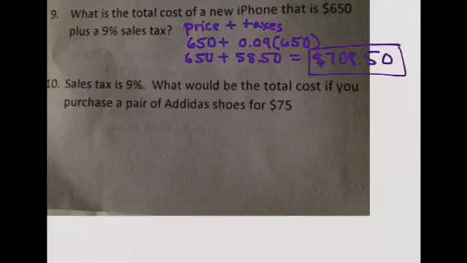Okay, for number 10, the sales tax is 9%. What would be the total cost if you purchase a pair of Adidas shoes for $75? So the setup is the same as number 9. So it's going to be $75 for the shoes plus 9 cents for every dollar that you pay.